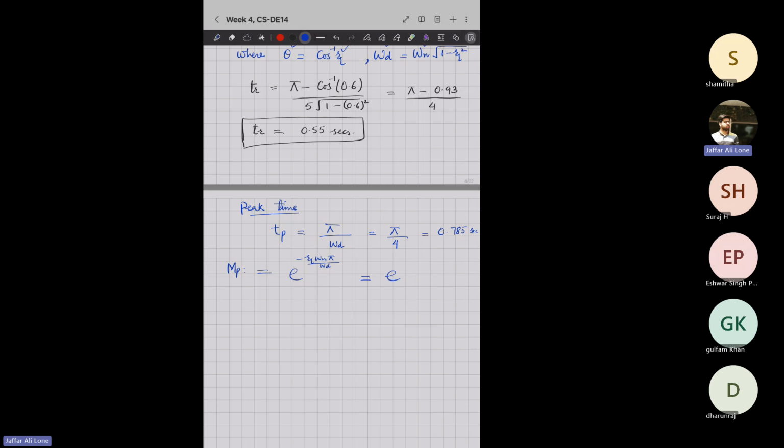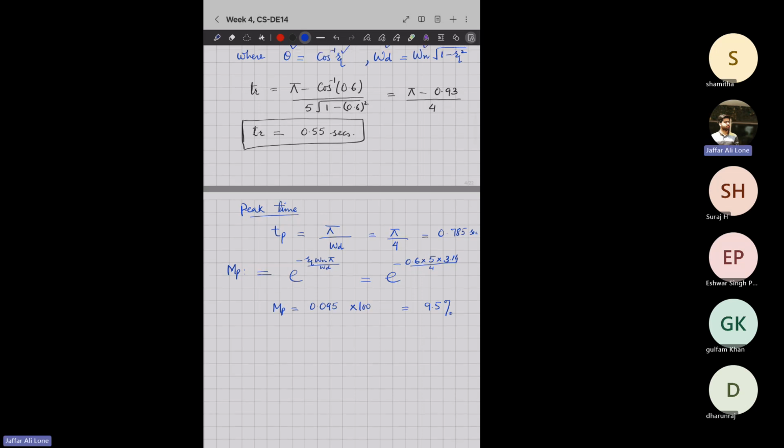E raised to the power minus 0.6 into 5 into pi, which is 3.14, divided by omega d, which is 4. We calculated it. When you solve it, you will get Mp equal to 0.095, and if we multiply it by 100, we get 9.5%.